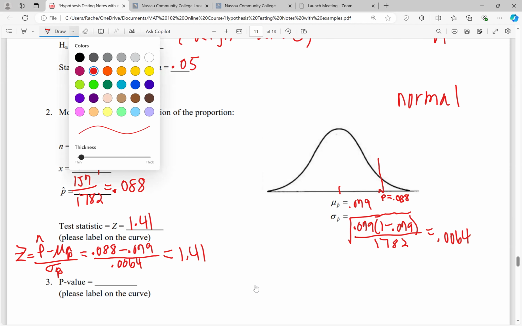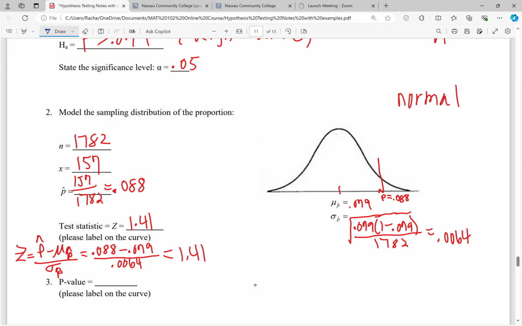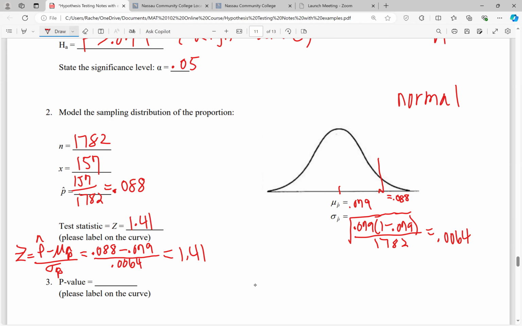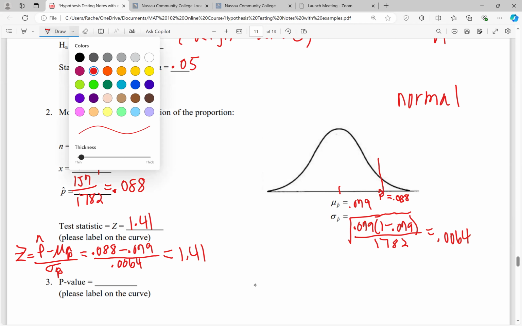So my z-score, which I also want you to label on the curve, is 1.41. That means this p hat is 1.41 standard deviations above the mean. I'll put my z-score in blue.